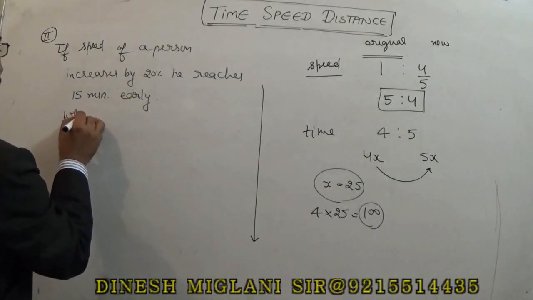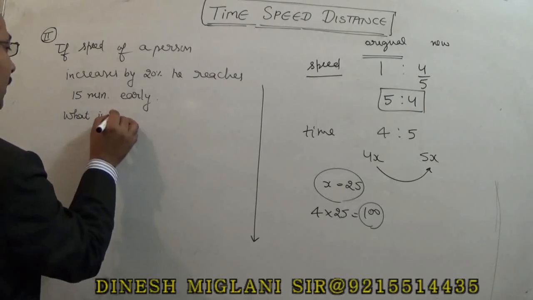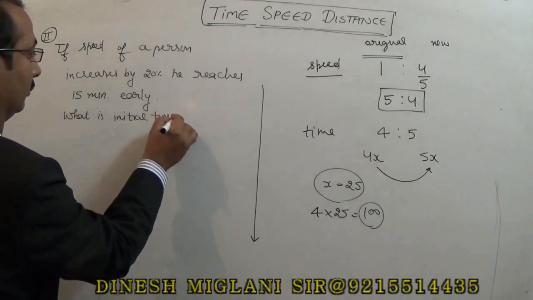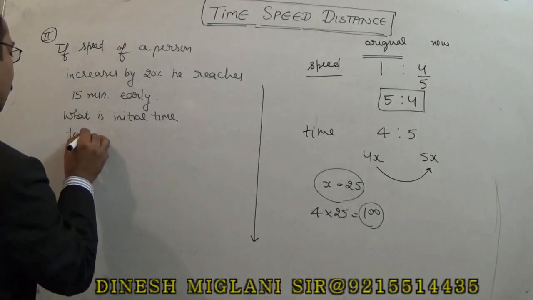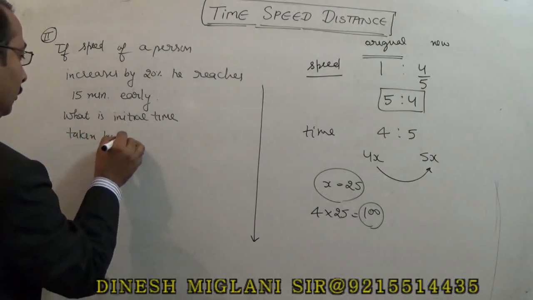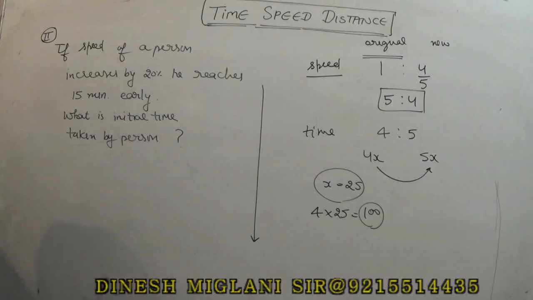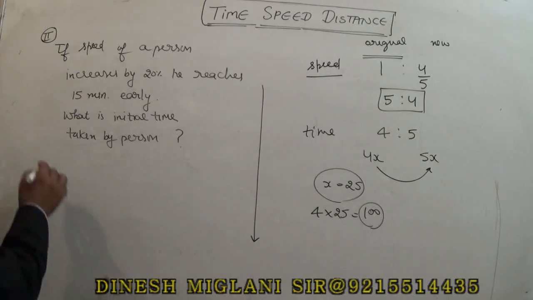What is the initial time taken by the person to travel the distance? If speed of a person increases by 20%, he reaches 15 minutes early. We have to find out what is the initial time taken by the person to travel the distance.